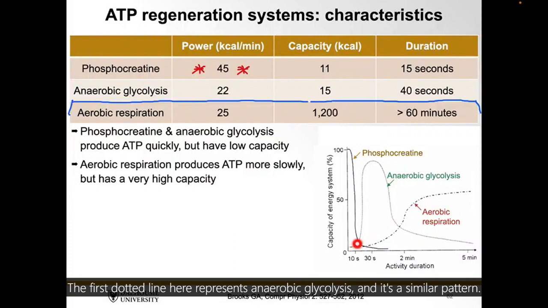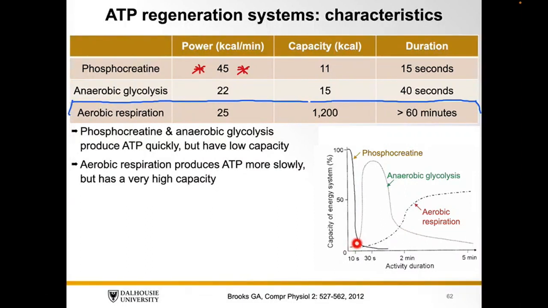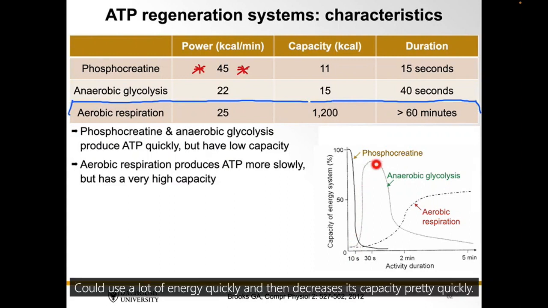The first dotted line here represents anaerobic glycolysis, and it's a similar pattern. It takes a little longer to get activated, but it's still activated within about 10 to 15 seconds, produces a lot of energy quickly, and then decreases its capacity pretty quickly. So within about a minute, we're already on the downslope for anaerobic glycolysis.